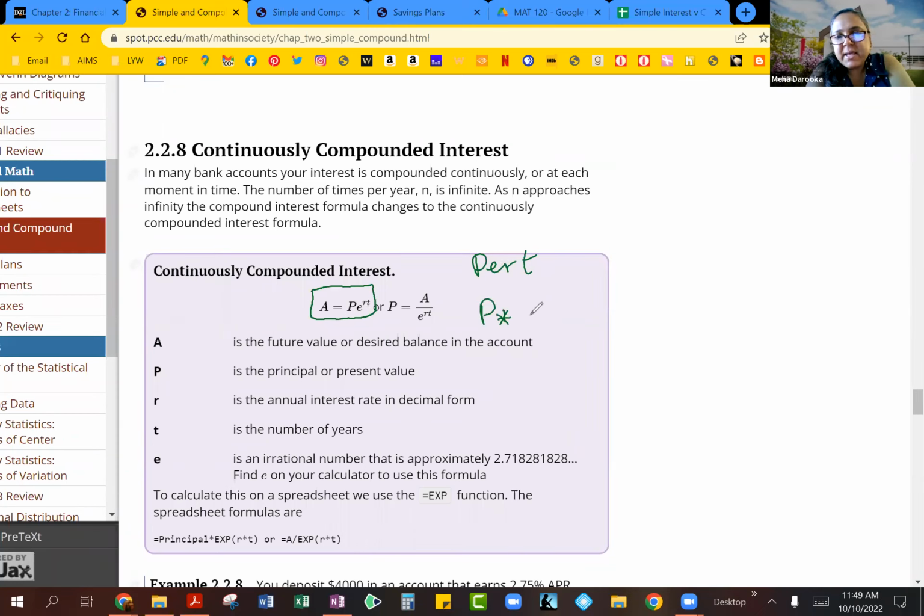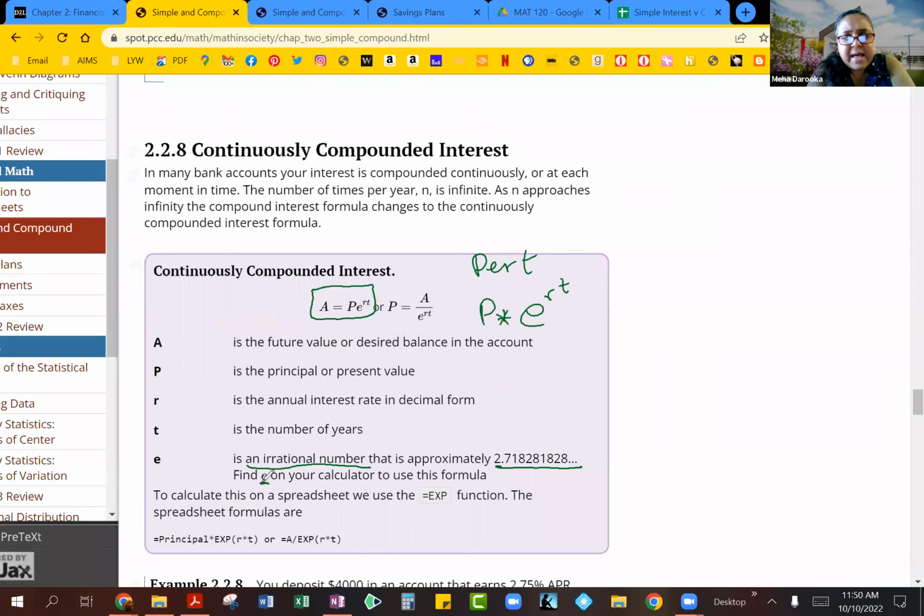So it's P multiplied by e, and it's only the e that gets the exponent of the rt. Okay, so the P does not have that exponent, it's only on that e. And this e is your natural number e, or as they're calling it, the irrational number e, which is approximately equal to 2.71828, 1828, and it keeps going from there.